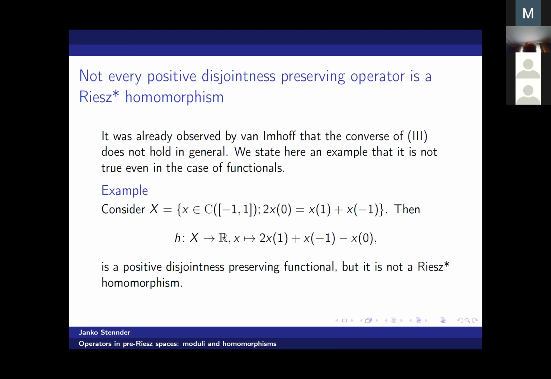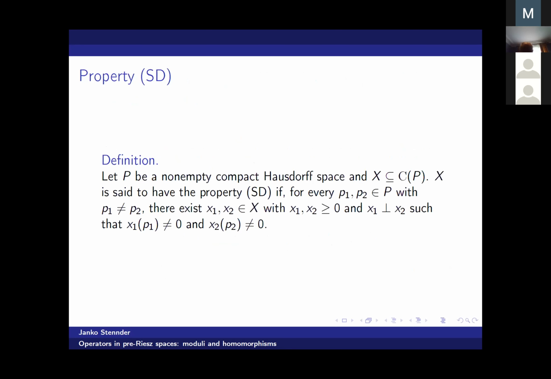So now the question is, which condition on a space do we need so that this implication holds? And we found the following condition, which we call property SD, for separated by disjoint elements.